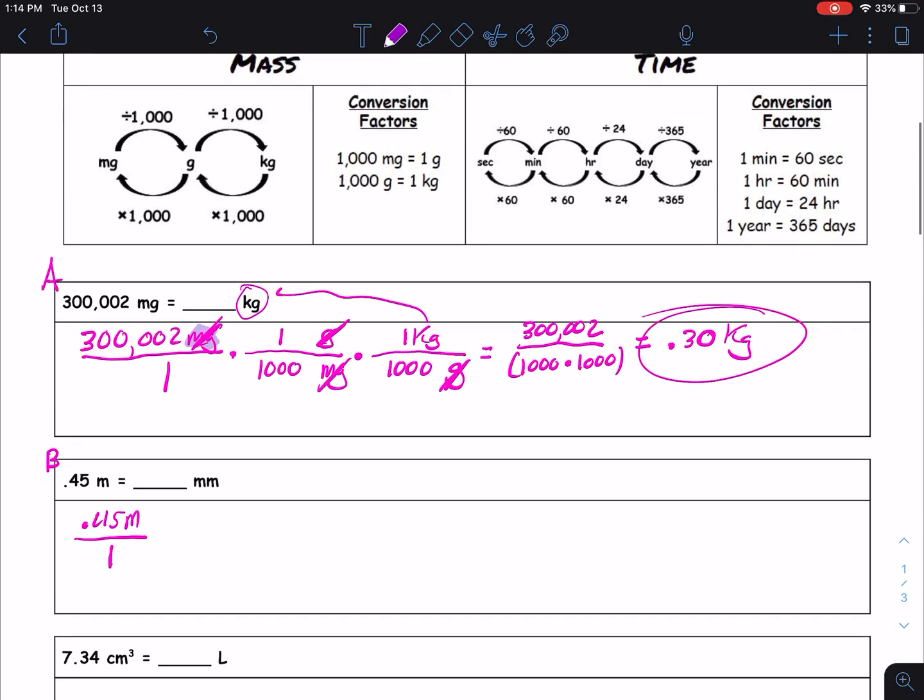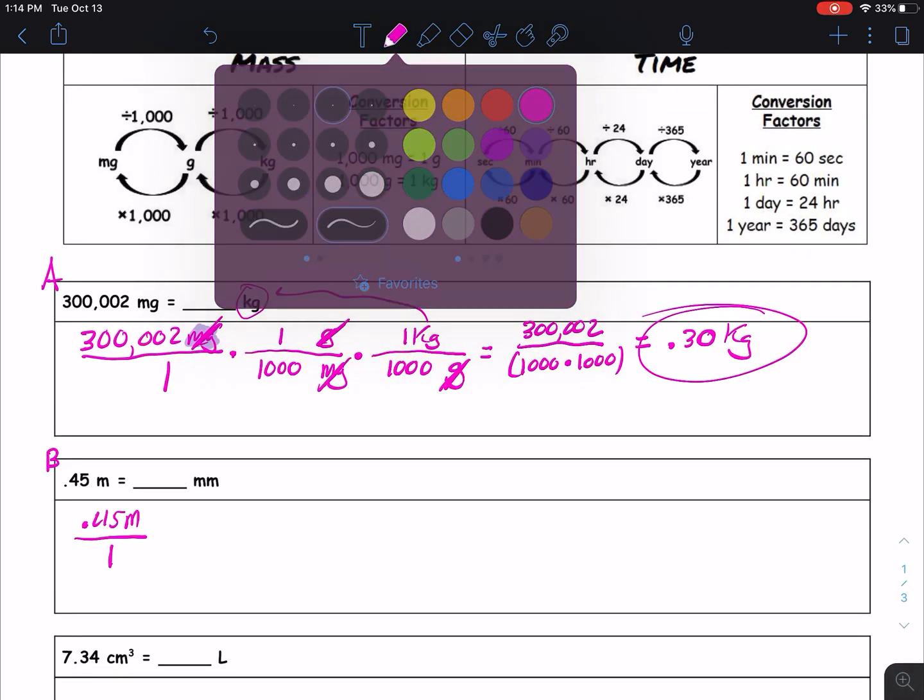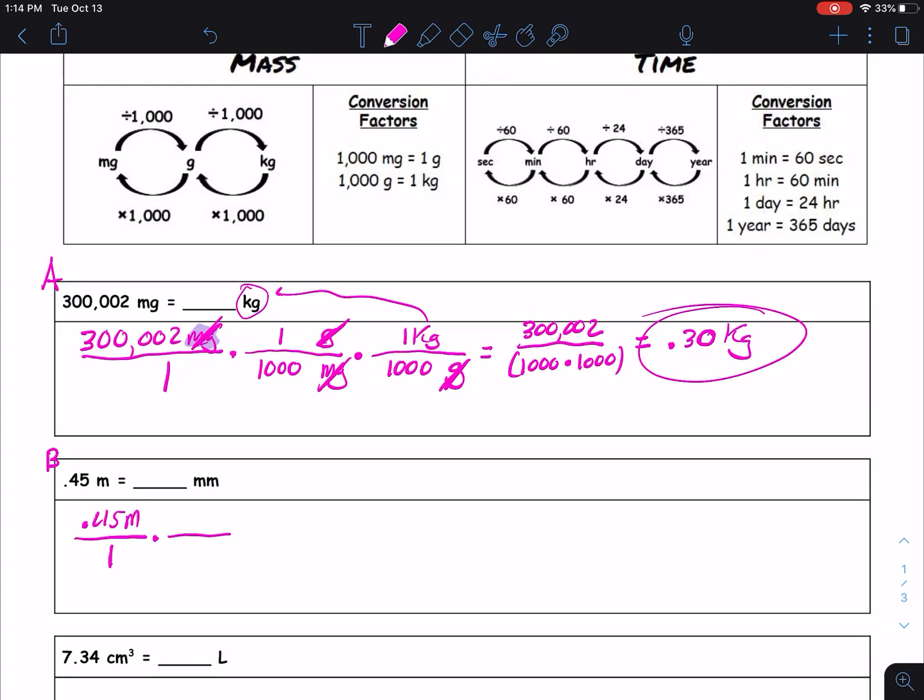So let's do the one step first, just so you can see what I mean. Meters in the numerator, meters in the denominator, and we have 1 meter equals 1,000 millimeters. So 0.45 times 1,000 over 1 equals 450 millimeters.